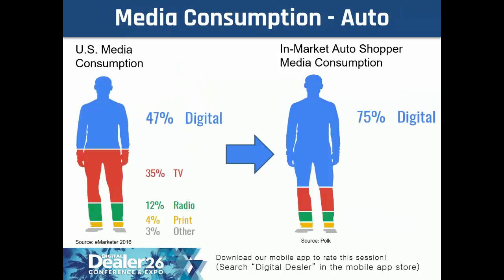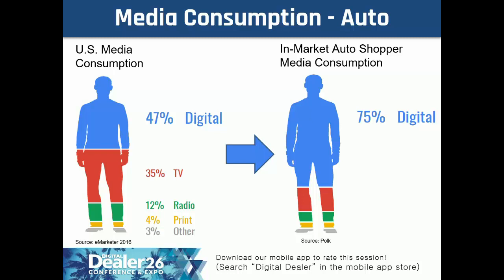And I'll walk you through a couple more slides that'll make it a little bit more relevant to the automotive space. On the left, we have the same gentleman that we looked at in the previous slide, media consumption. On the right is actually in-market auto shoppers. So Polk did a huge study. I think this data is from 2017, I want to say.